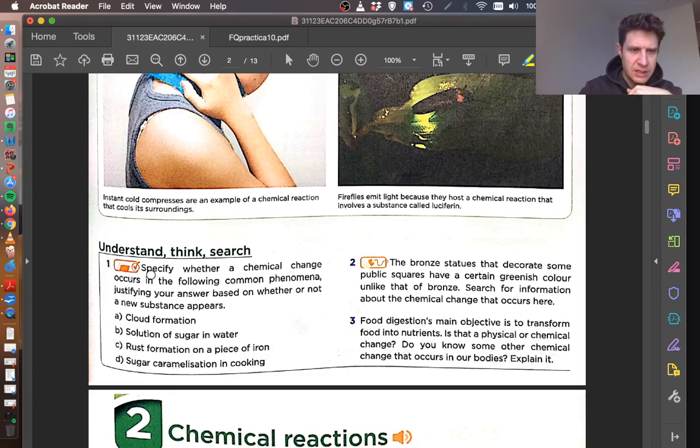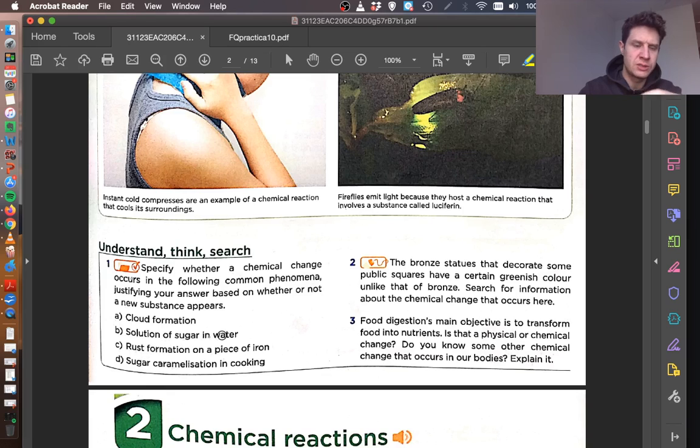To understand and think, this first exercise: specify whether a chemical change occurs in the following common phenomena, justifying your answer based on whether or not a new substance appears. Cloud formation. New substance appear? No. We just see the water vapor coming together and forming a cloud.